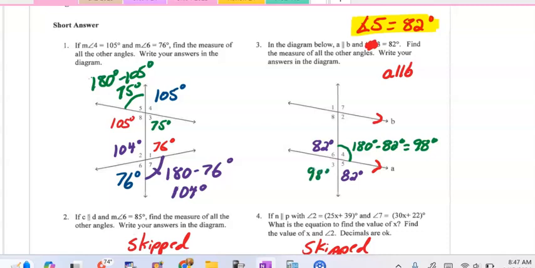Now, because these lines are parallel, if you were to cut the paper in half and slide angles 3, 4, 5, and 6 up, angle 5 is corresponding to angle 2, and it's exactly the same because the lines are parallel. Angle 6 is corresponding to angle 1, so it's also 82.